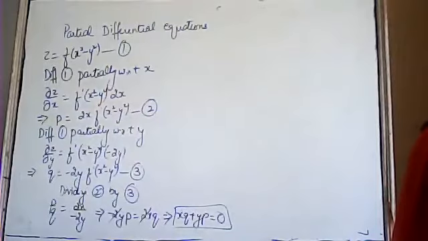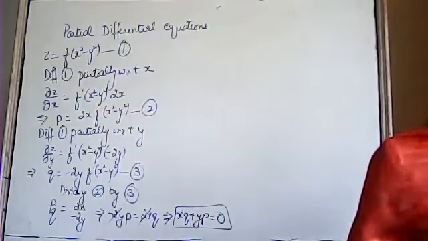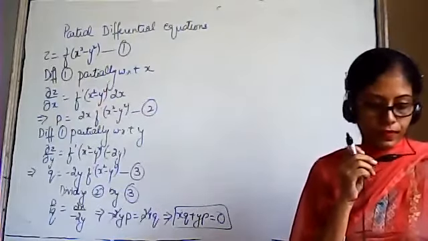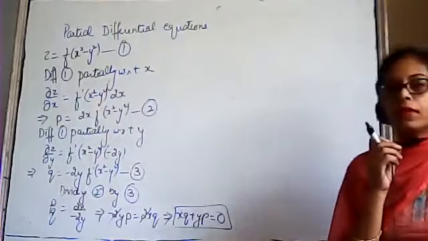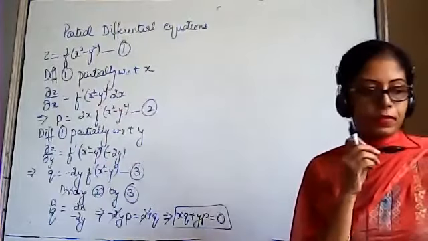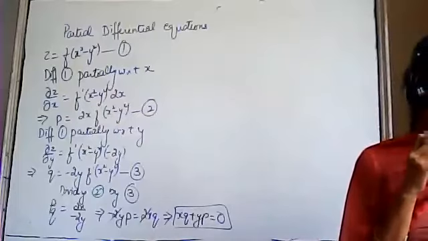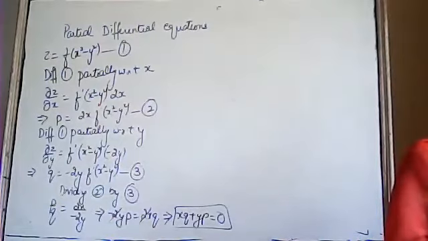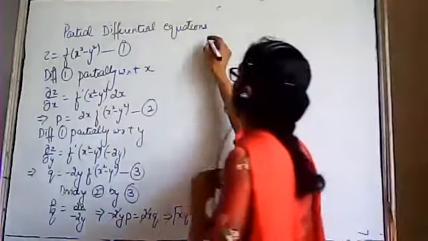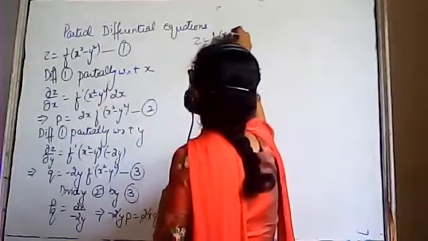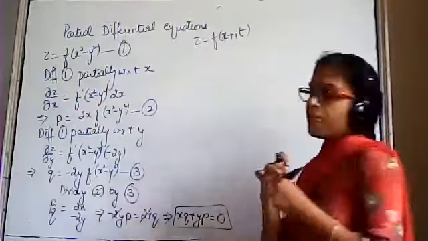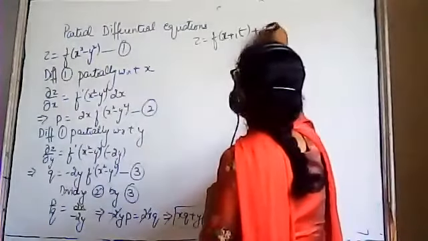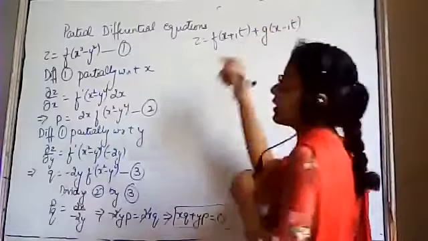Next is: form the partial differential equation by eliminating the functions. z is equals to f of x plus iota t plus g of x minus iota t.